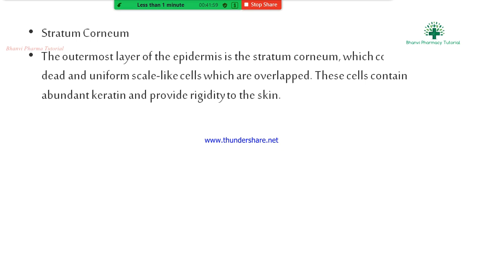Next, the stratum corneum, the outermost layer of the epidermis. It consists of dead, uniform, scale-like cells which are overlapped. These cells contain abundant keratin and provide rigidity to the skin.